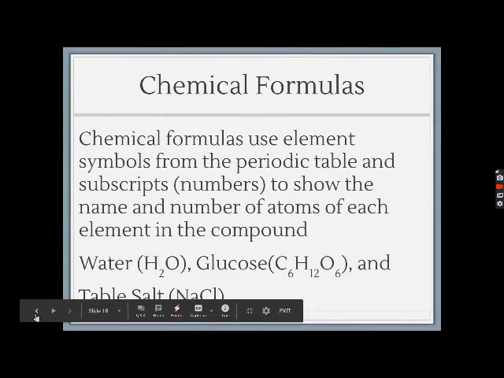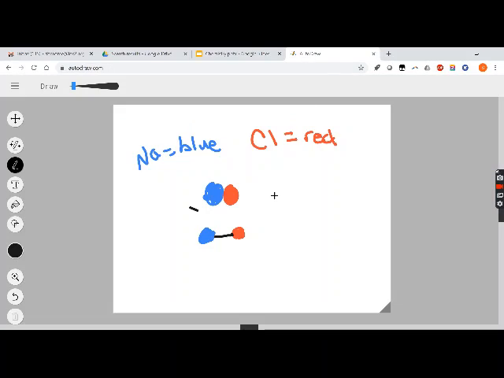Subscripts are those numbers that we put down like this. This number, folks, is called a subscript. Now, let's think about this.